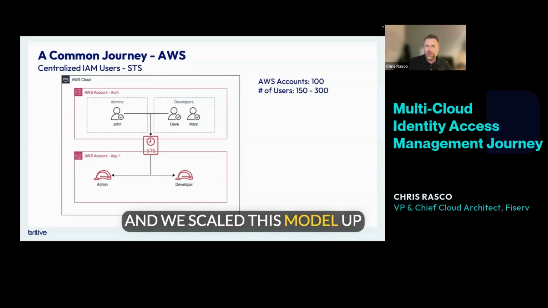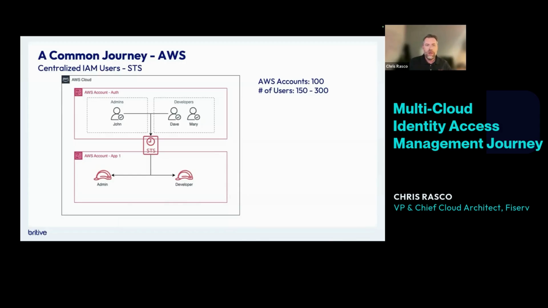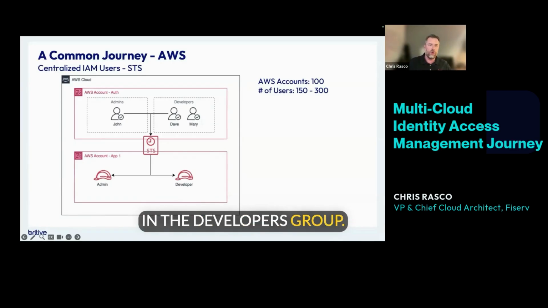We scaled this model up to about 100 users or 100 AWS accounts, and probably in the ballpark of 150 to 300 users. But we ran into some additional challenges with this model. From an admin perspective, we would create a group. So you can see John is now in our admins group, and Dave and Mary are in the developers group.